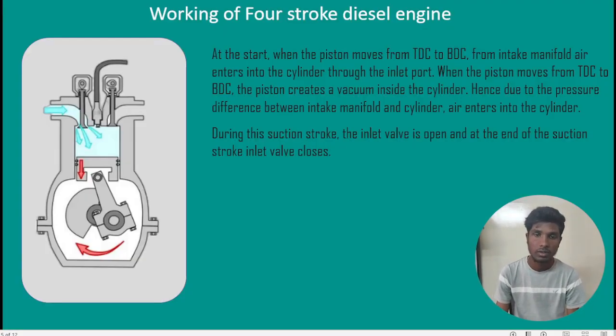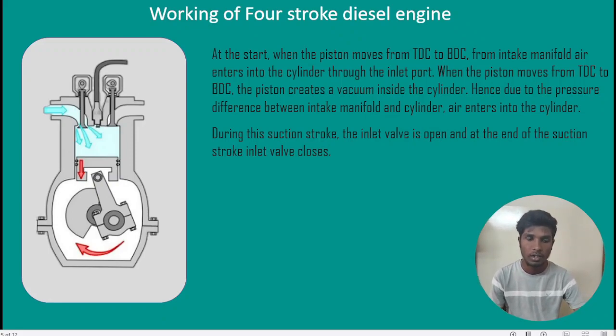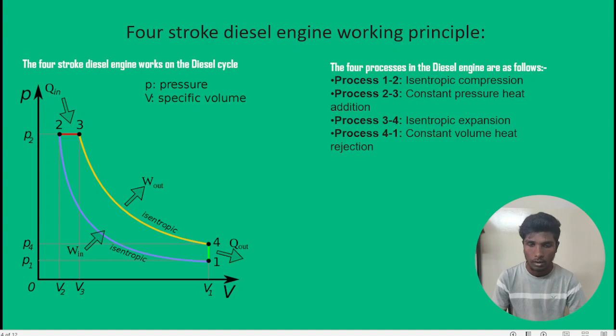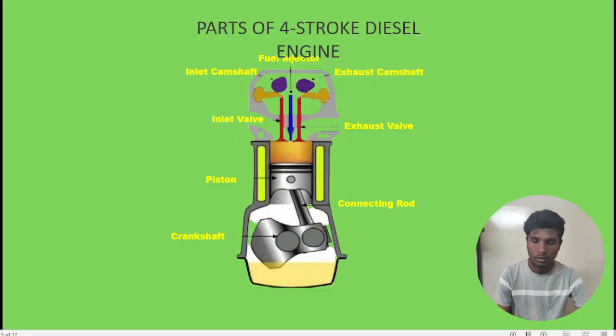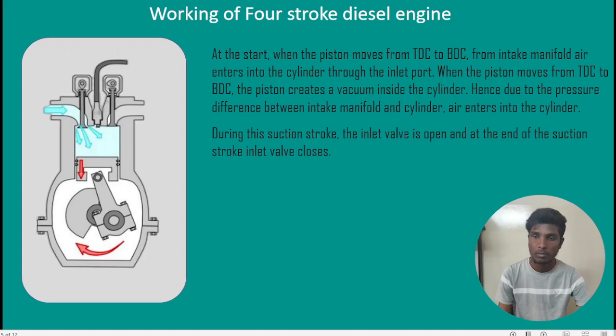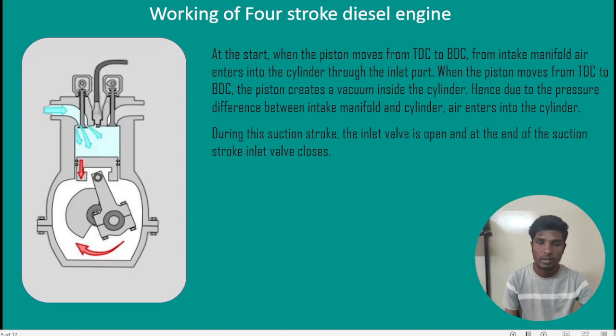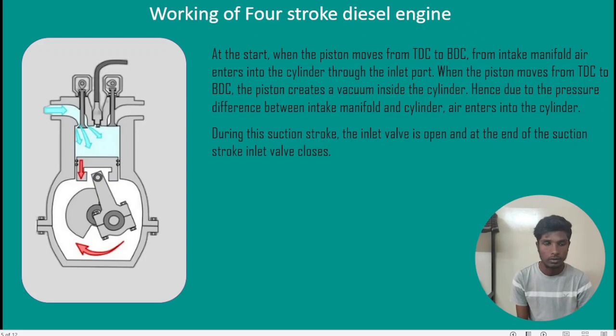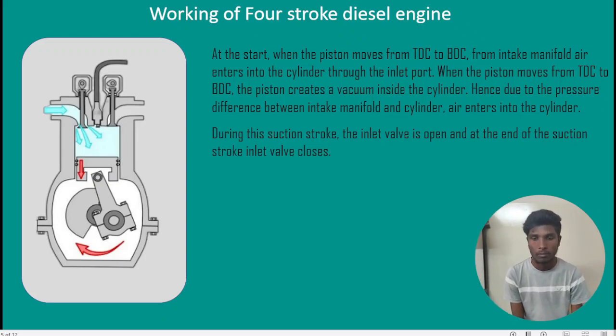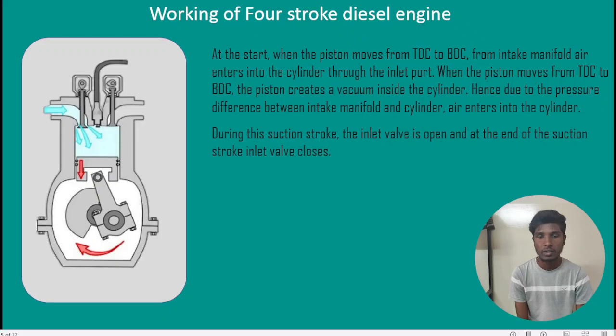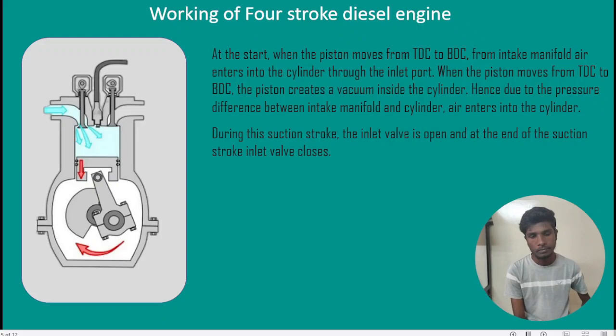Next, the working of the four-stroke diesel engine, with the first diagram. It starts when the piston moves from TDC to BDC, top to bottom. From the intake manifold, air enters into the cylinder through the port. When the piston moves from TDC to BDC, it creates a vacuum inside the cylinder, and due to the pressure difference between the intake manifold and the cylinder, air enters the cylinder.